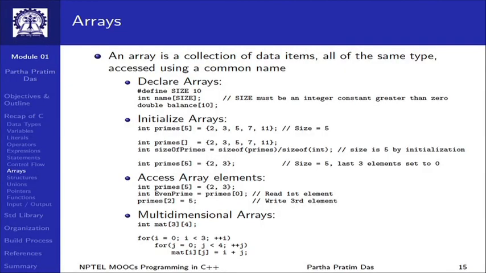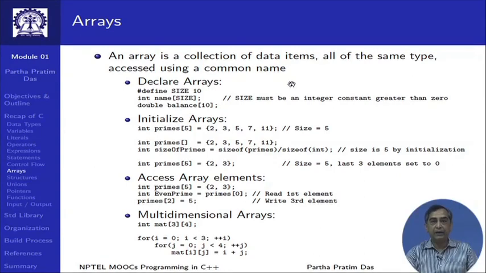In terms of arrays, the first thing we need to do is to declare an array, like we need to declare any variable. Naturally we need to specify the name, the type of the elements of an array, and also the maximum number of elements that an array can support.